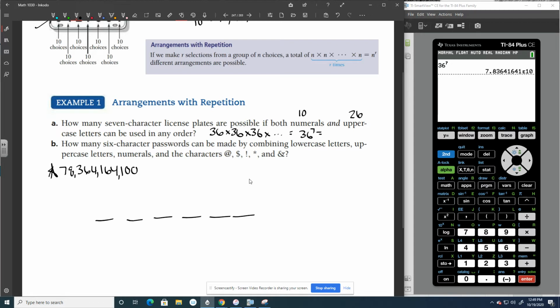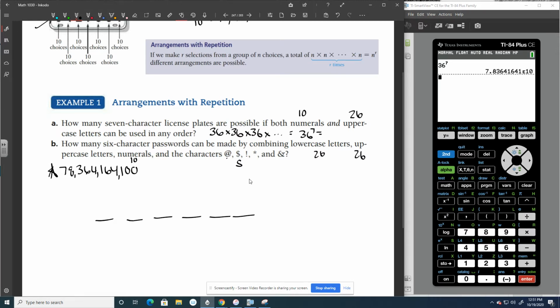And you can combine lowercase letters, so there's 26 of those. Uppercase letters, there's 26 of those. Numerals, 10 of those. And these characters, the at sign, the dollar sign, the, what do you call that? Exclamation point, star, and the and sign. So we've got 1, 2, 3, 4, 5 more options here.